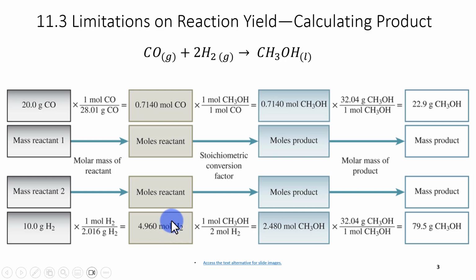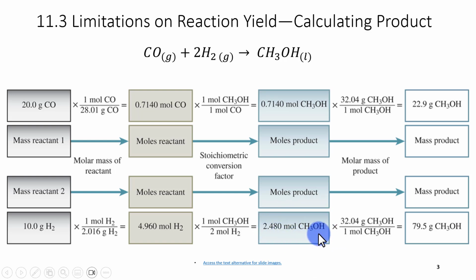Now, what is the molar relationship from the reaction between methanol and hydrogen? I have 1 mole of CH3OH made for every 2 moles of H2. My moles of H2 are going to cancel, leaving me with moles of CH3OH on top. 4.960 times 1 divided by 2 gives me 2.480 moles of CH3OH.